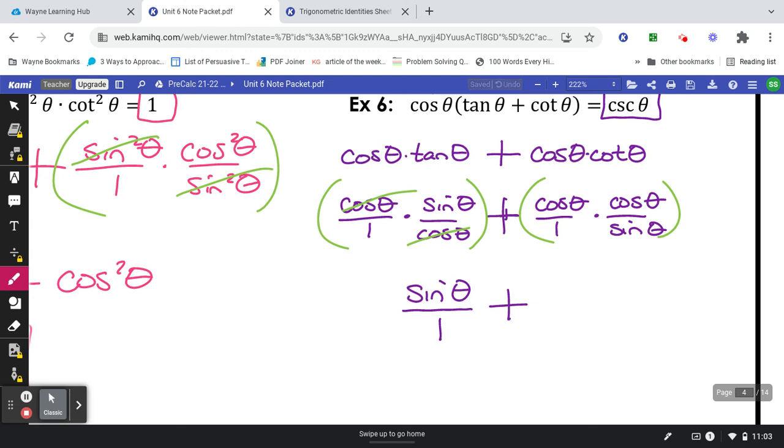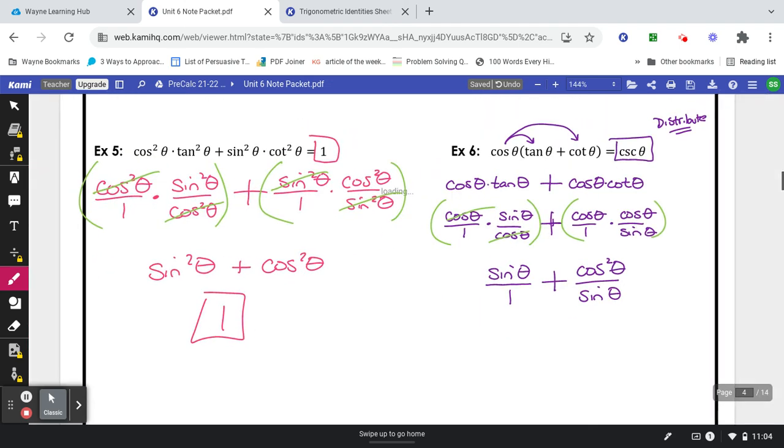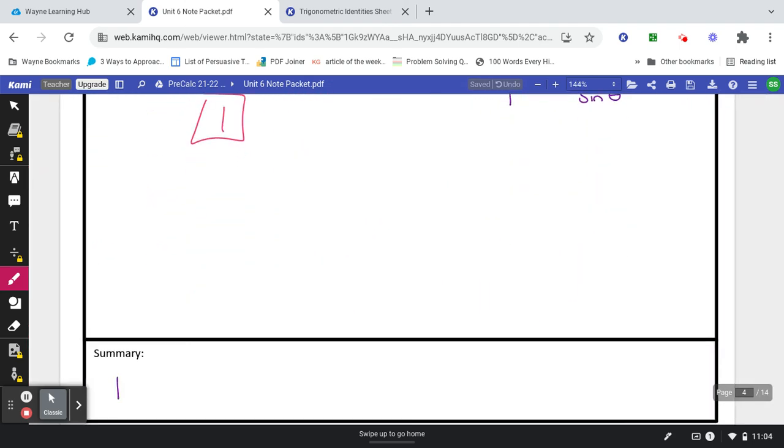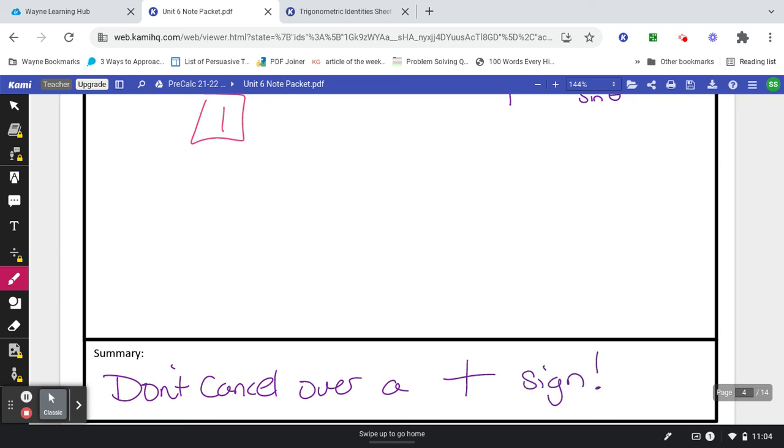In order for them to cancel, you have to have one at the top, one at the bottom. So we actually end up with cosine squared over sine. Now, right here, it's very tempting to want to cancel the sines. So at the very bottom in big letters, don't cancel over a plus sign.